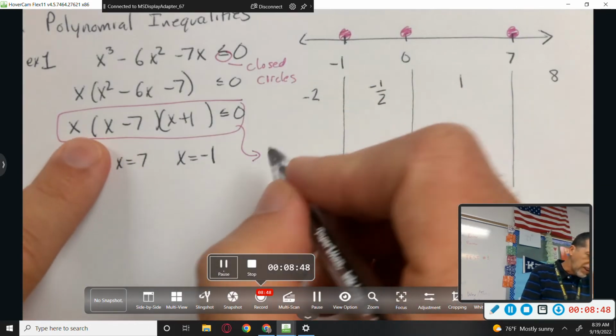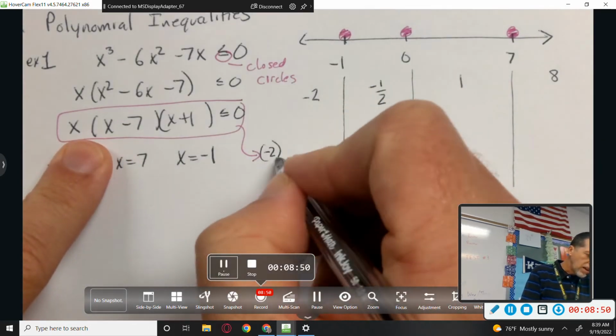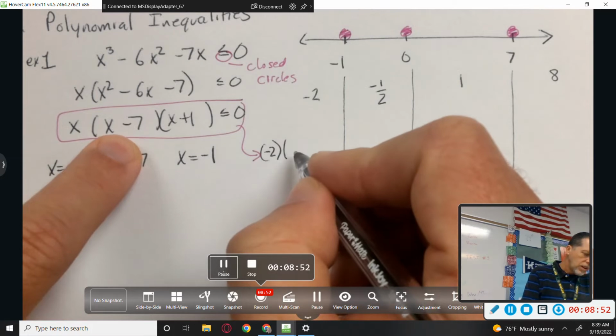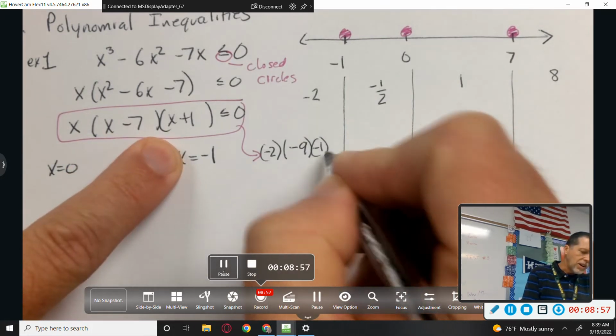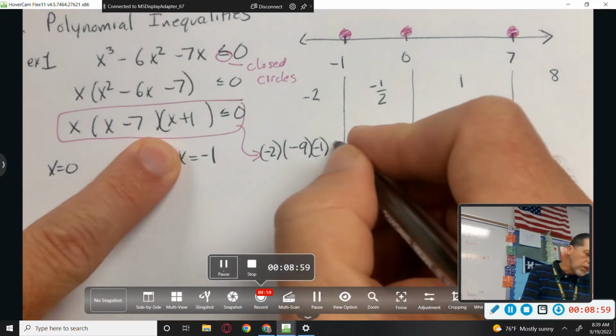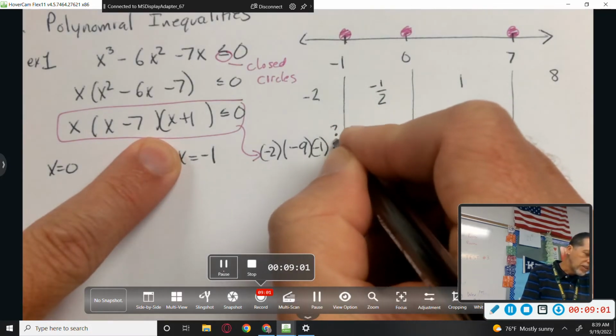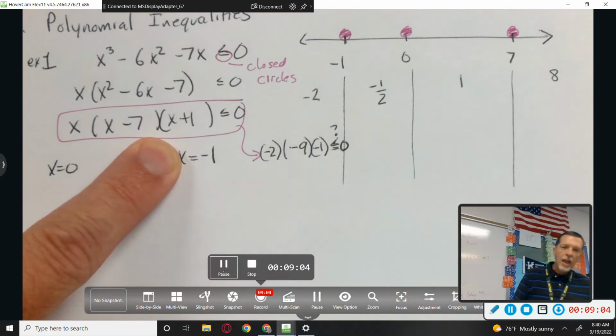So if I plug in -2, I get -2 times -9 times -1, and I want to know if that is less than or equal to 0. So it's not really a statement, it's more of a question.